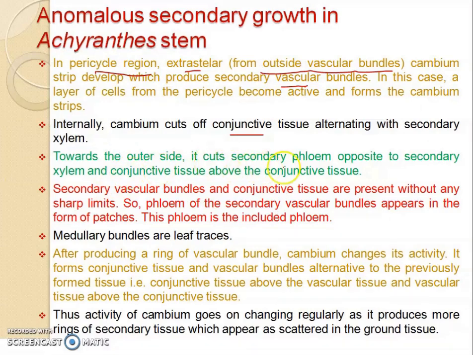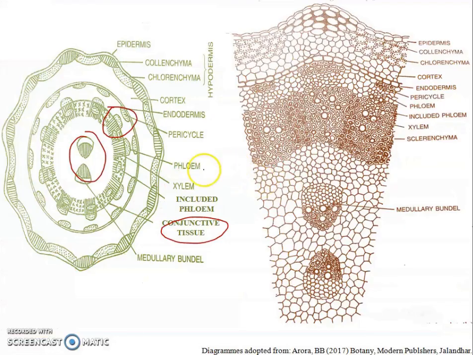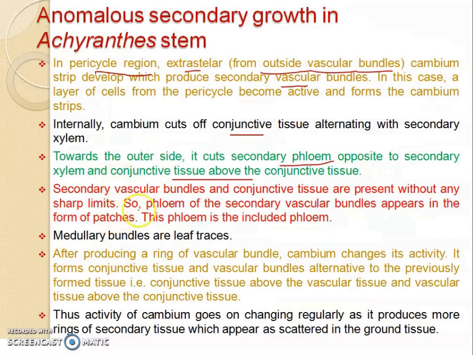Toward the outer side, it cuts secondary phloem opposite to the secondary xylem and conjunctive tissue above the conjunctive tissue. So conjunctive tissue is further formed opposite to this conjunctive tissue, and secondary phloem is formed opposite to the secondary xylem.